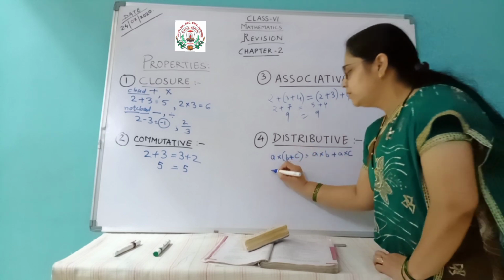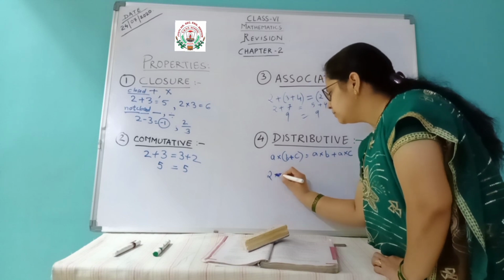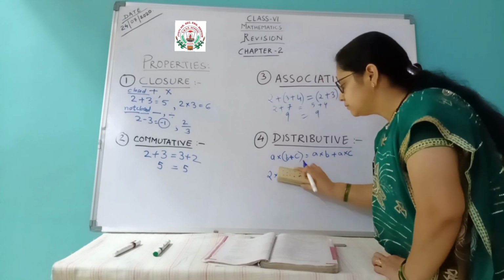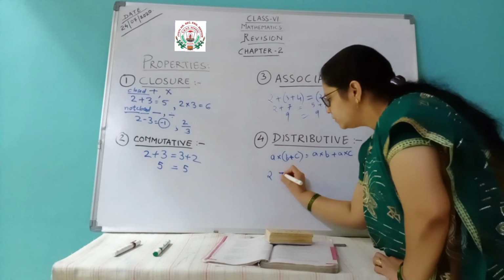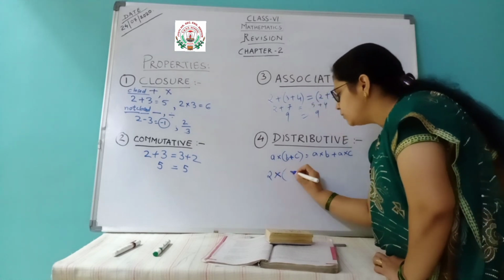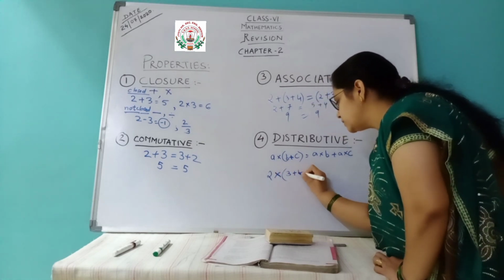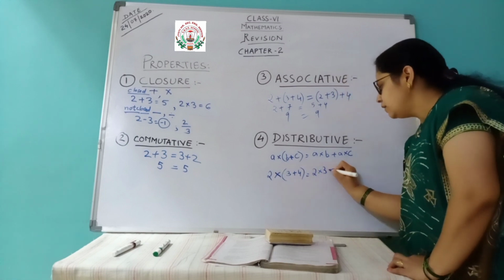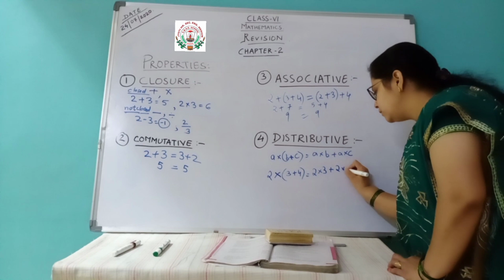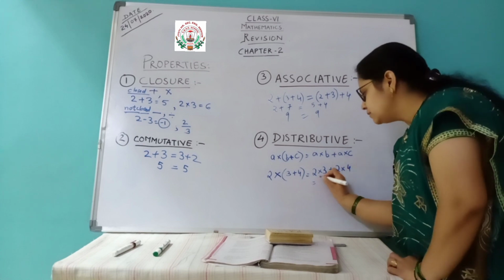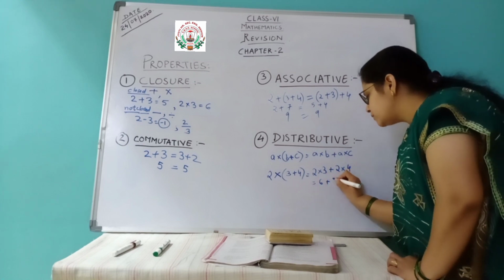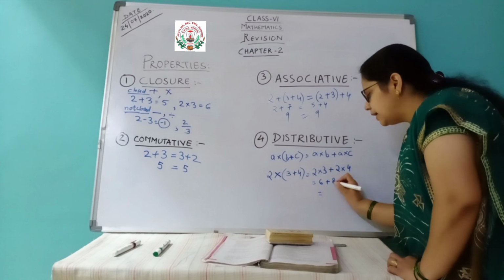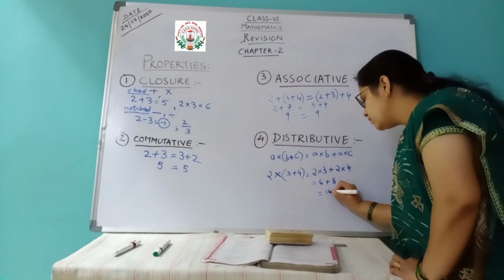For example, 2 into (3 plus 4). Suppose I take it, it will be 2 into 3 plus 2 into 4. That is, 2 3s are 6, 2 4s are 8. 8 and 6, 14.